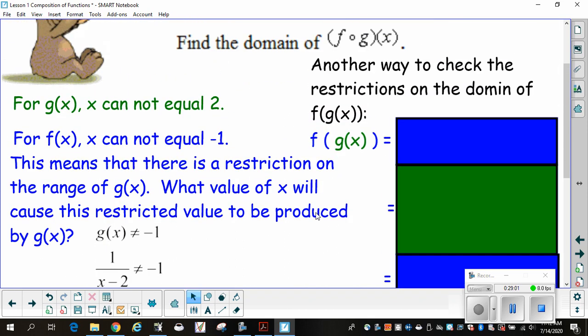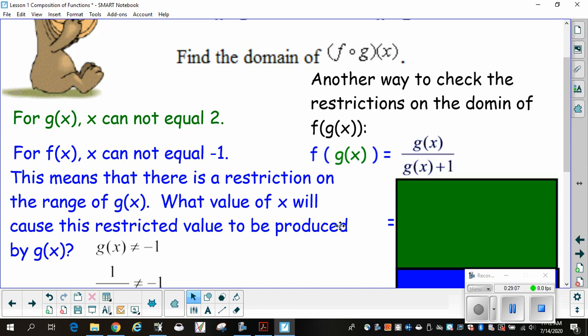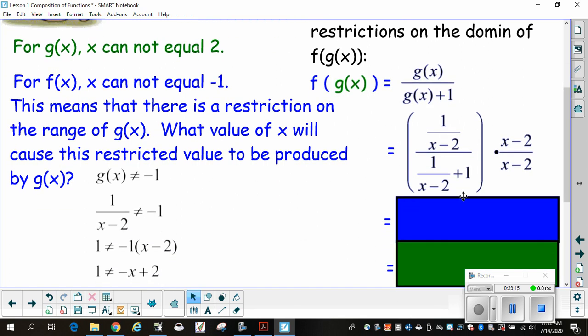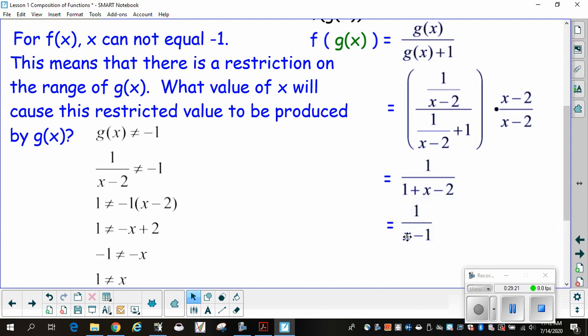Another way to check the restrictions on the domain, I can actually do f of g of x, and I've got g of x over g of x plus 1. This is a whole lot more crazy mess. This gets into simplifying complex fractions. But notice when it comes down to it, I have 1 over x minus 1. I find out the 1 here.